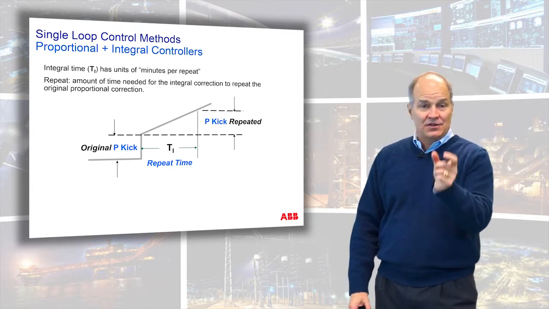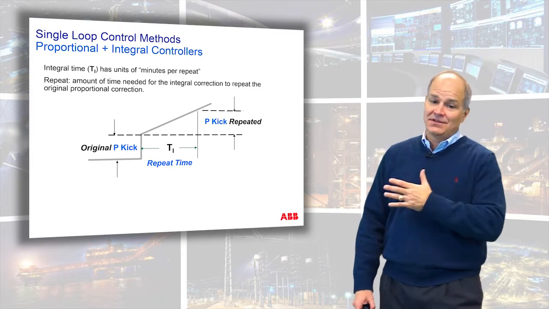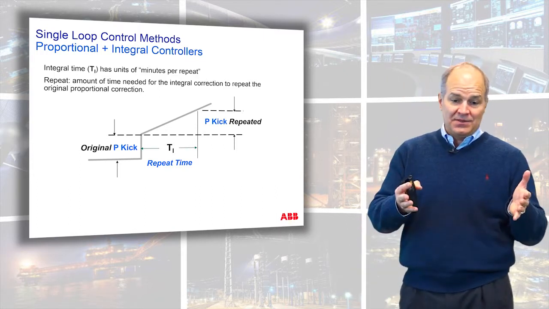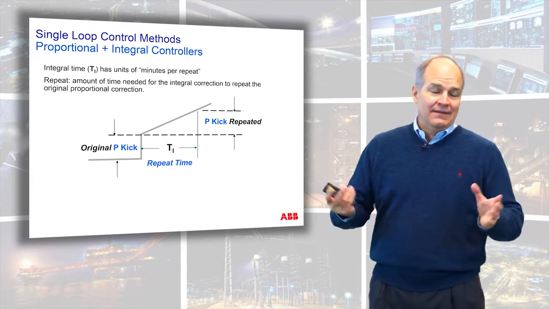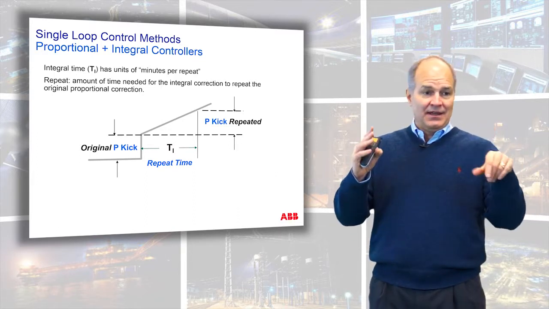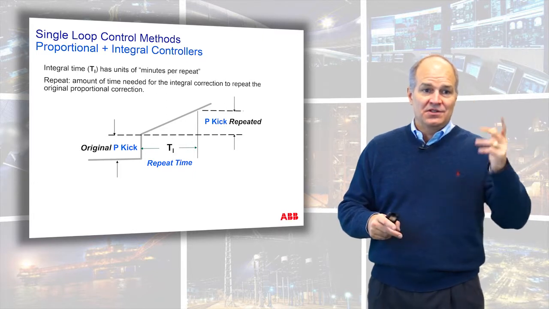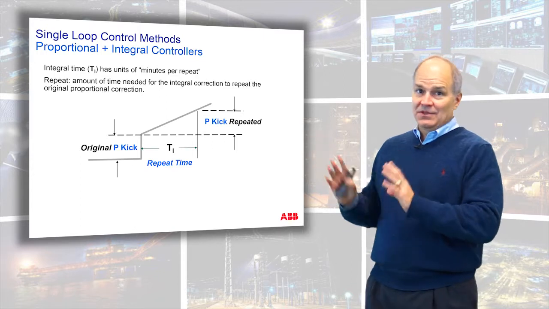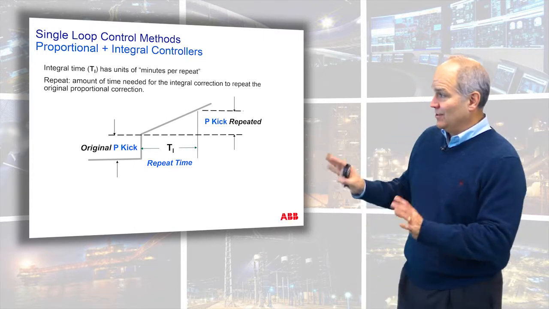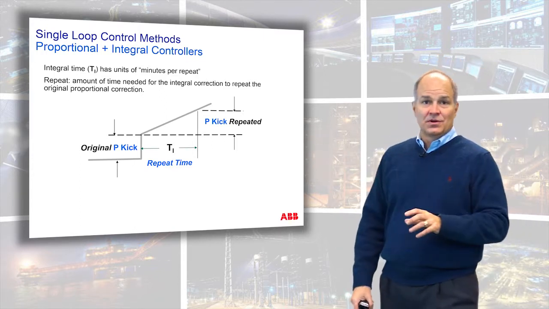Sometimes you can tell by the units on the integral gain, and sometimes you just have to drop back to a bench mount, or with today's controllers you can set up a generic controller. I've done that. Set up a little display and you have a dummy controller and you just change the value and watch the output. If you're really unsure, don't start on a real process. You really need to know the units and know what you're working with.